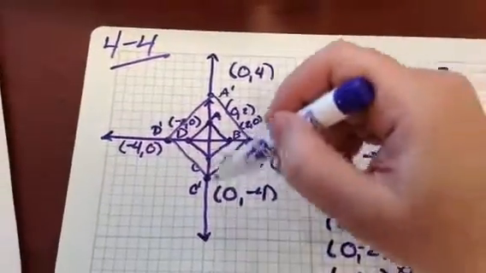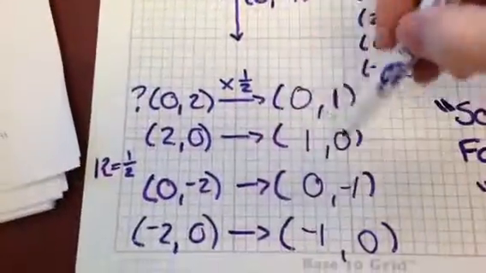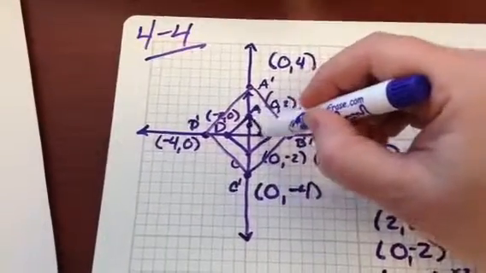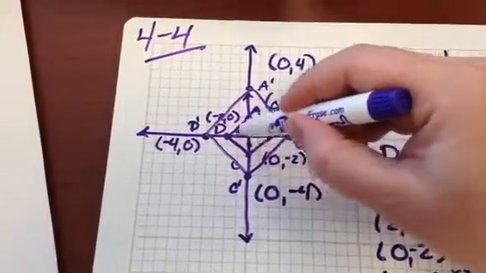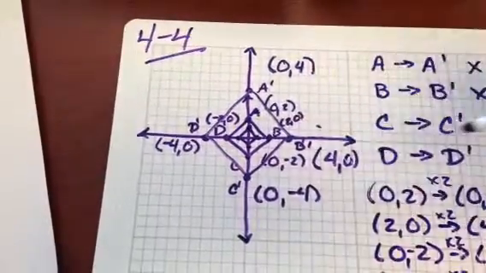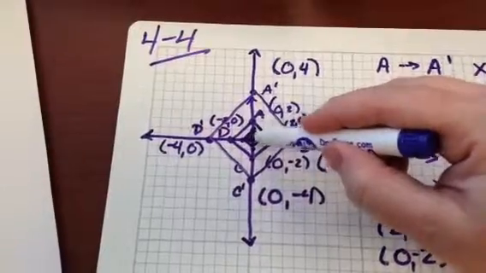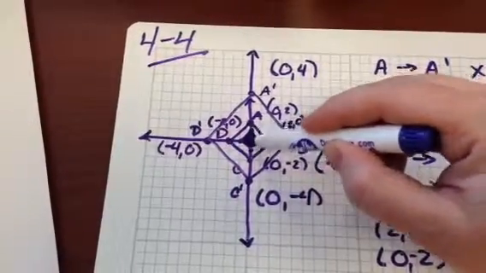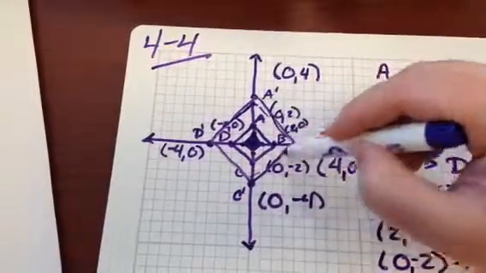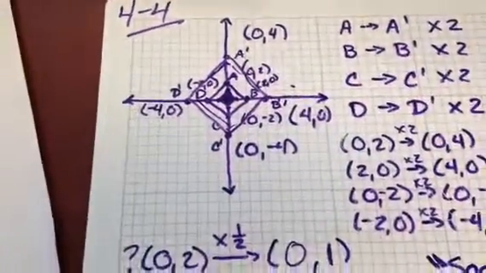If I connect the new points that I made from my scale factor 1/2, those points become down here. They shrink down. So it becomes smaller. So a k value smaller than 1 gives you a smaller shape. Larger than 1 gives you the larger shape.